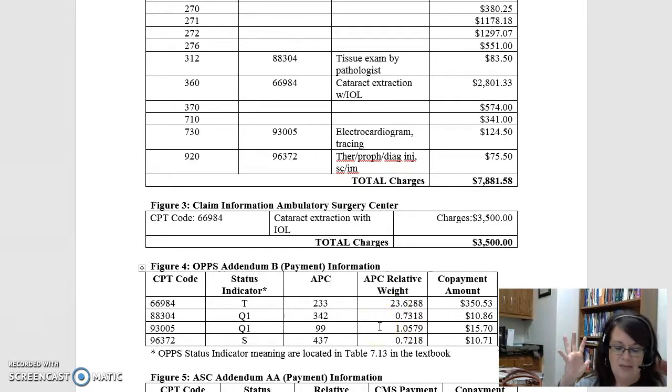So it's kind of confusing. They give us a lot of information that we need, and a lot of information that we don't need. Basically, what this assignment is doing for us is showing us that nothing happens with Medicare that's willy-nilly. There is a method to their madness. Going through and calculating this type of information is going to help you as you move forward.